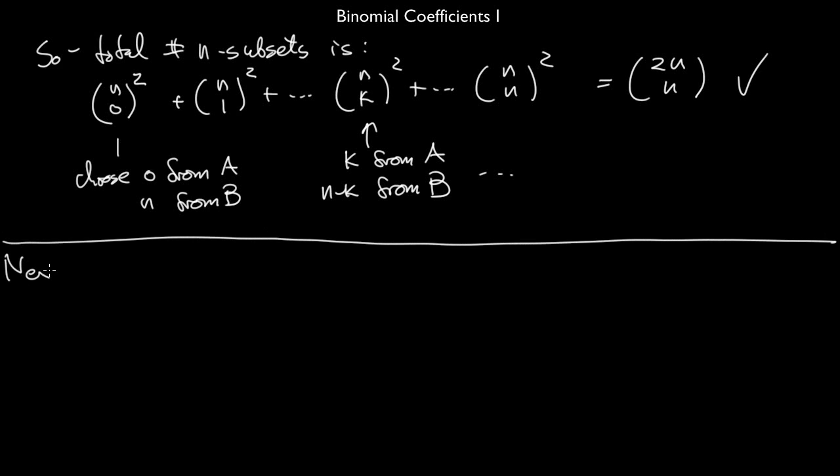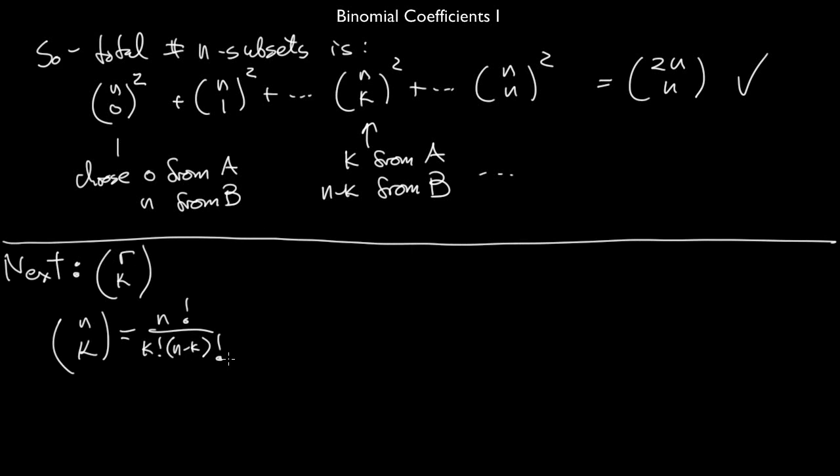Let's move on. The next thing I'd like to talk about is the generalized binomial coefficients R choose k. So what is n choose k? It's n factorial over k factorial times n minus k factorial, where n and k, of course, are both integers. And you can write it like this: n times n minus 1 down to n minus k plus 1, over k factorial.